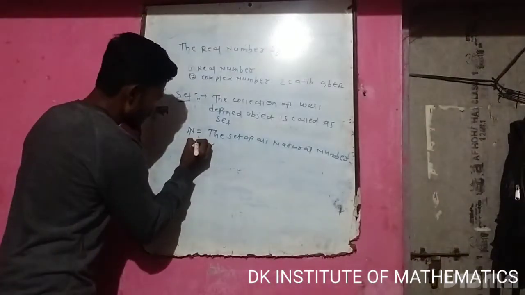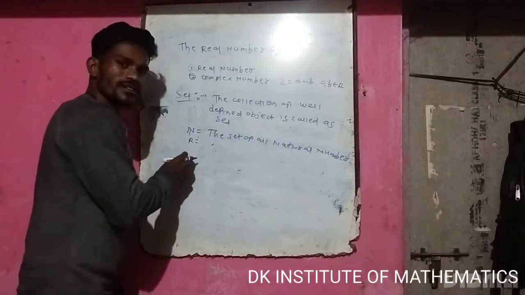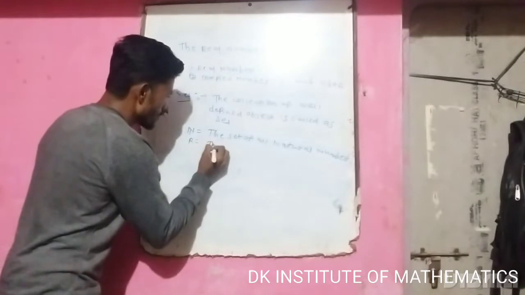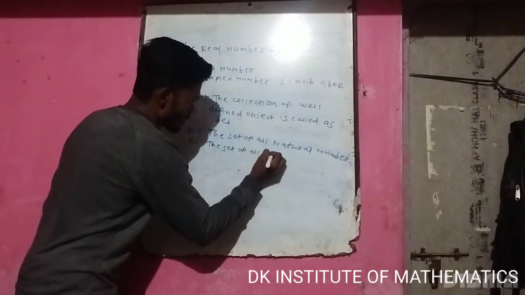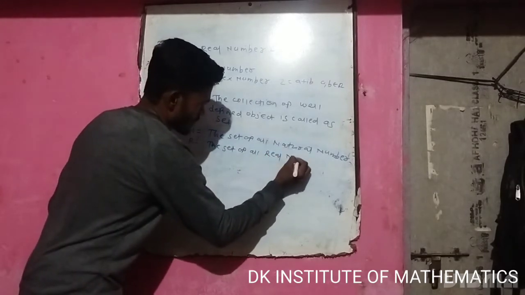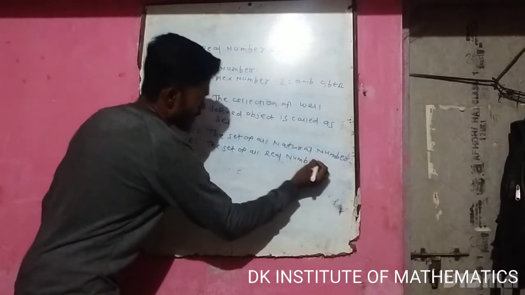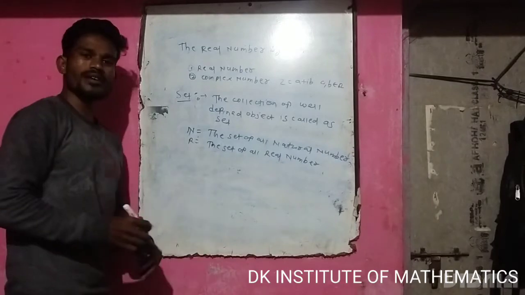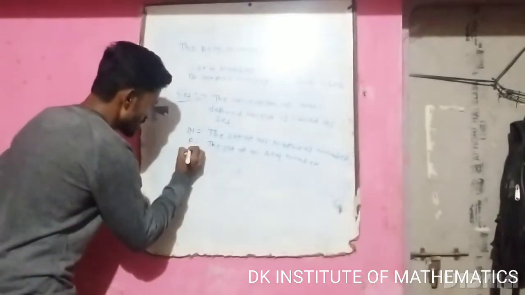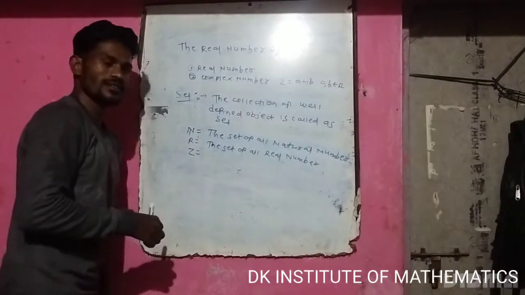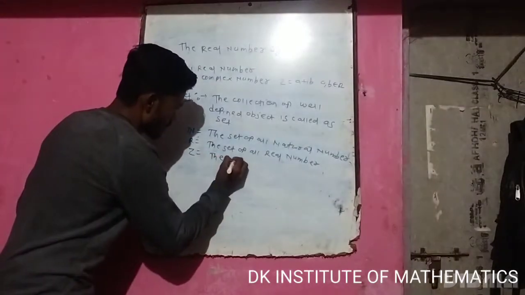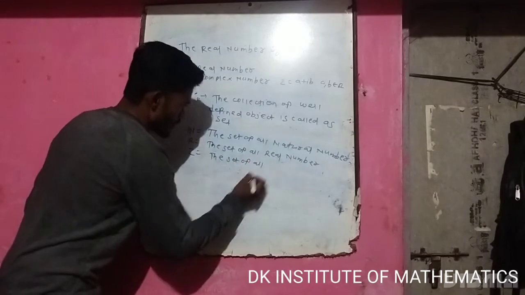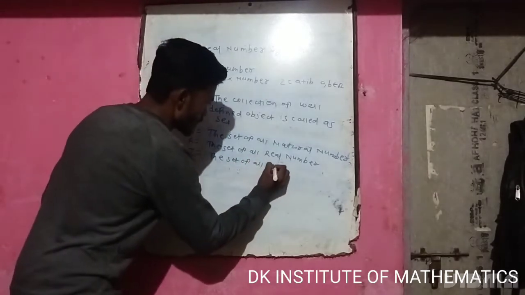The second one is capital R, the set of all real numbers. The third is capital Z, the set of all integers.